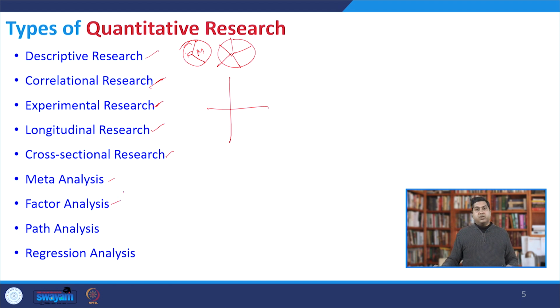Factor analysis is also a very important aspect, and in this case what we do is consider the attributes for our study, and finally we try to make factors out of them, because maybe there are say 50, 60 attributes which are affecting a certain behavior.